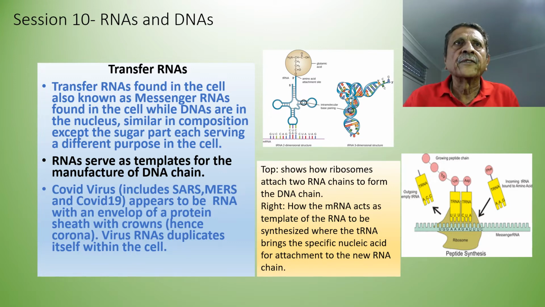Now, there are a few types of RNAs, and each RNA has specific functions. These RNAs and DNAs are found in the cells of an animal or a plant.